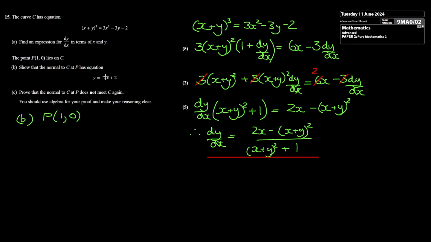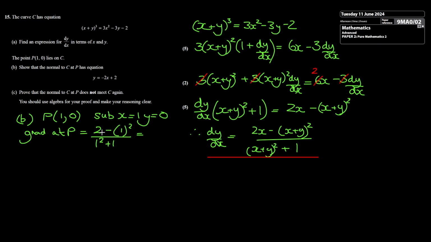Okay, so to find the normal, we first need to find the gradient of the tangent. And we do that by subbing in x is equal to 1 and y is equal to 0 into our differential equation. So the gradient at P is equal to 2 minus (x plus y), which is 1 squared, divided by, again, 1 squared plus 1.